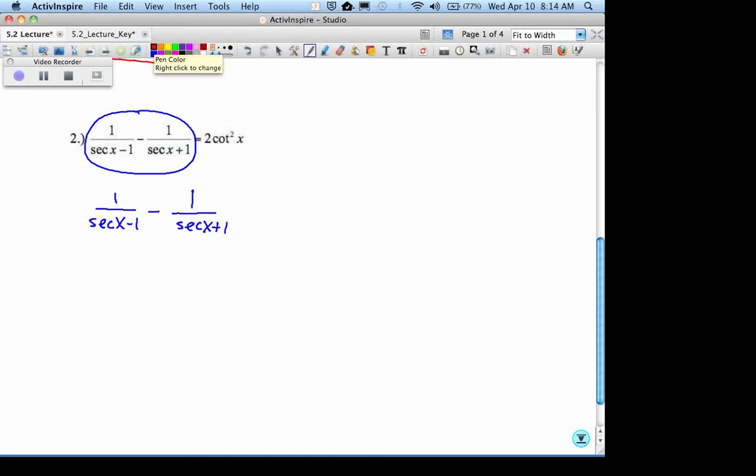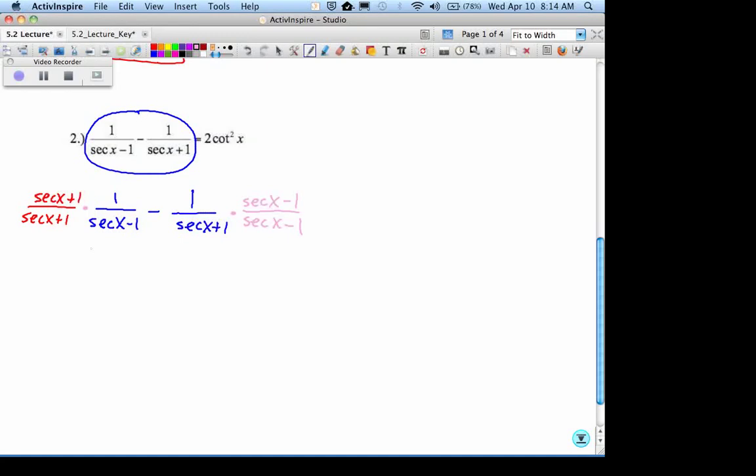So I'm going to take the secant of x plus 1, bring it over here, over secant of x plus 1. I'm going to do the same thing over here. We're going to have secant of x minus 1, so we're going to go secant of x minus 1 over secant of x minus 1. Right? So this is going to allow me to create a common denominator.